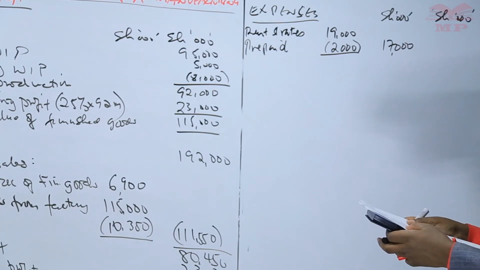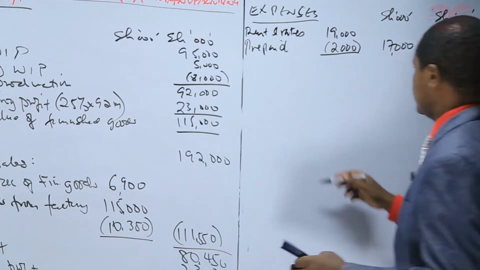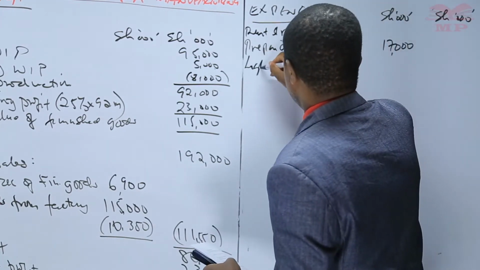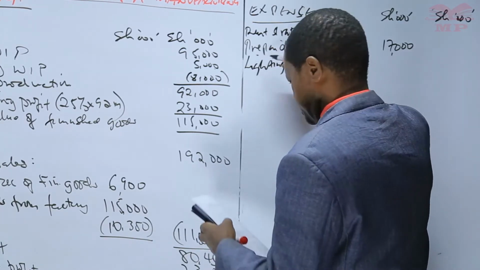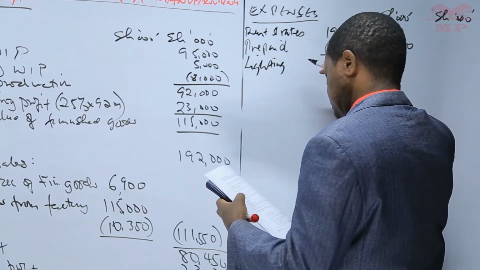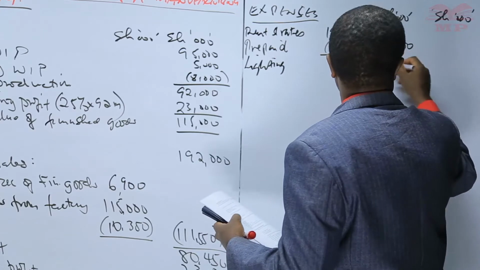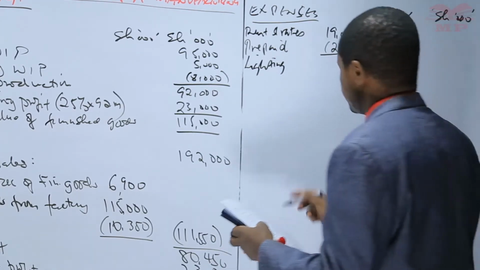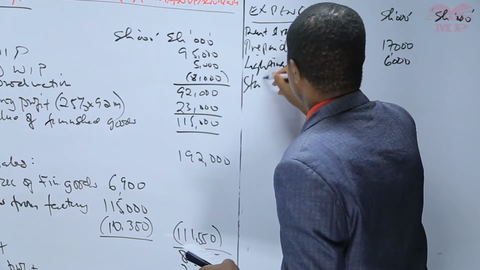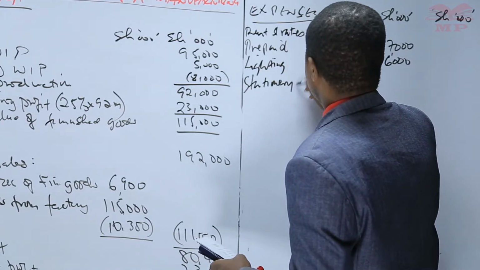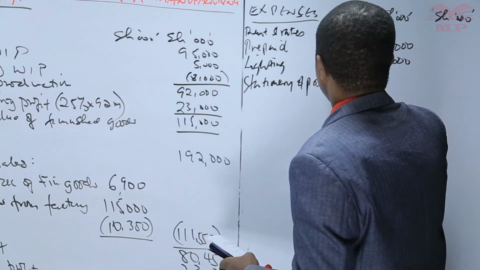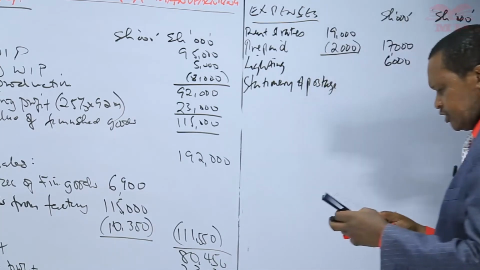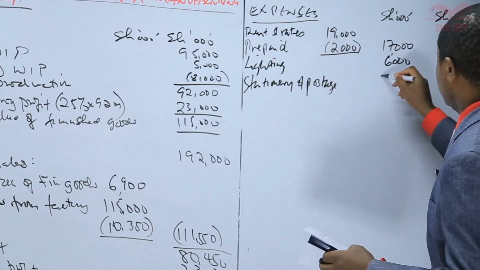Then next is the lighting. It does not need any adjustment, so we just record it the way it is there. Lighting is 6 million. Next, after lighting, stationery and postage, 2 million.